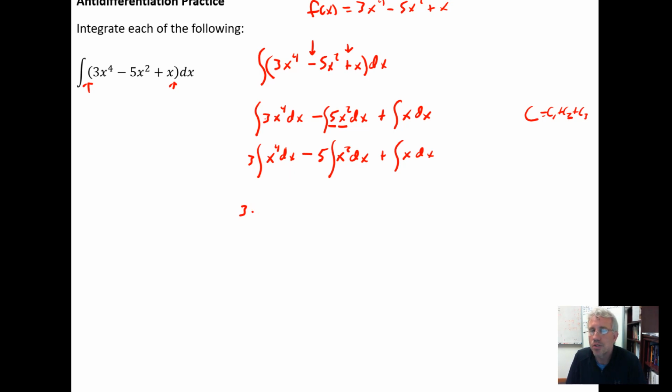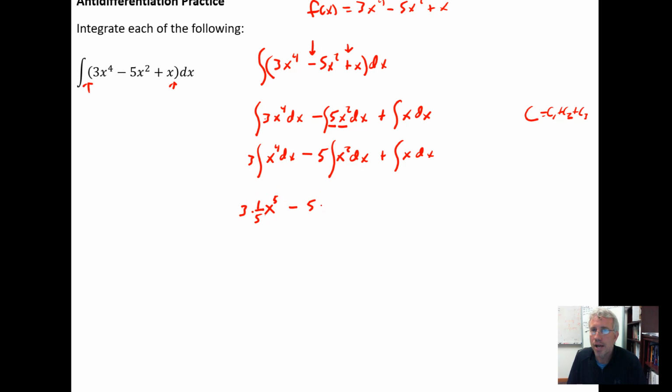So we need the function whose derivative is x to the 4th. So my guess would be an exponent 1 larger. But if I differentiate x to the 5th, the 5 would come down in front, and I don't have a 5 in front right here. So we're going to multiply by a 5th, which would kill the 5 when the exponent came down upon differentiation.